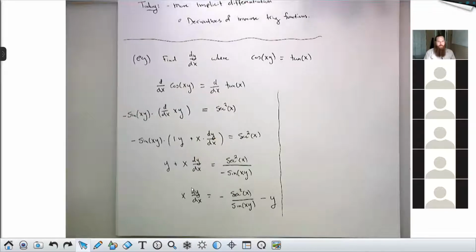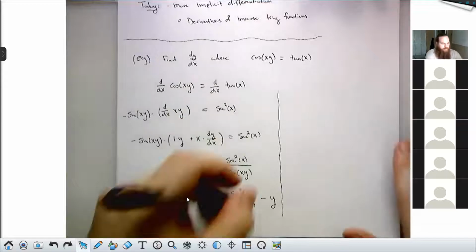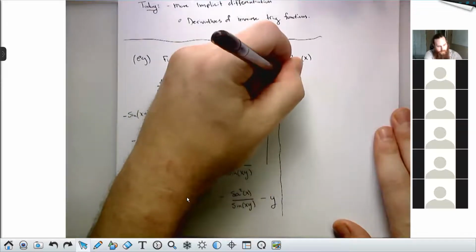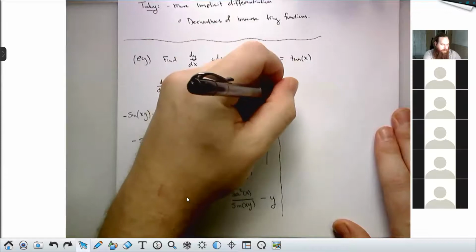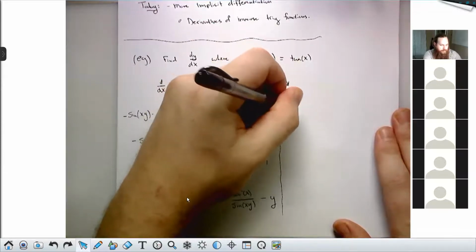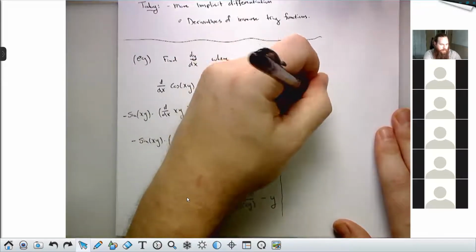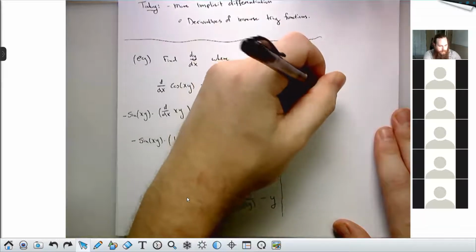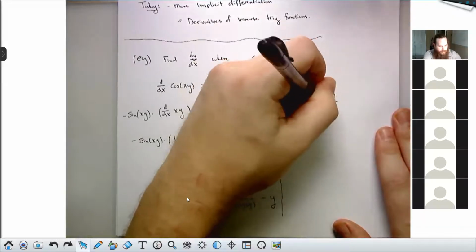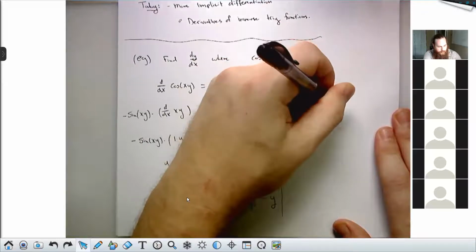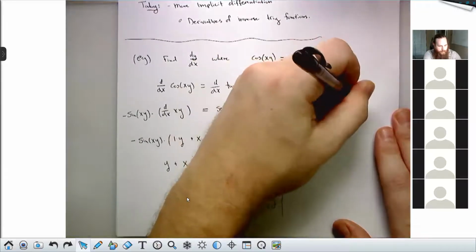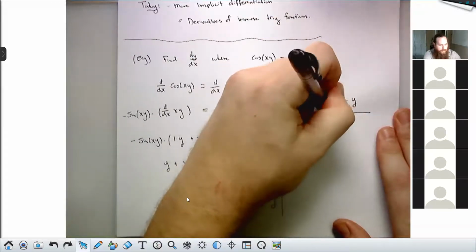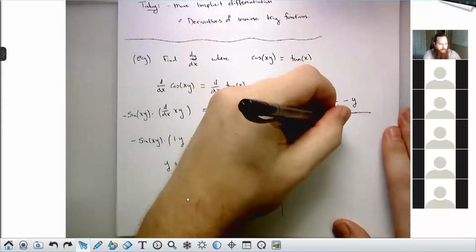And now my last step towards getting this by itself is going to be to divide both sides by x. So I'll have dy dx equals negative secant squared x over sine xy minus y, all divided by x.